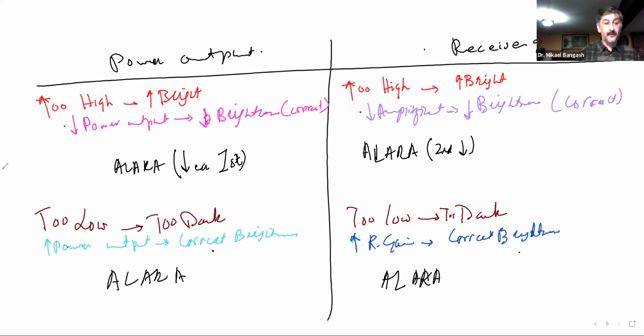So which one will we go with first? You increase the receiver gain first. Exactly. Very good. First, because what did that do? It brought that image from being too dark just to the correct brightness, but did that without increasing the exposure.